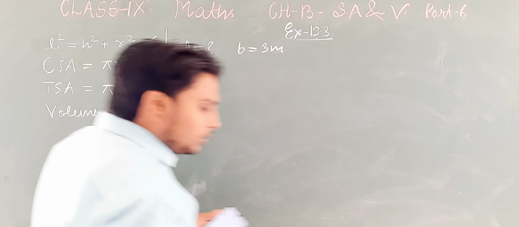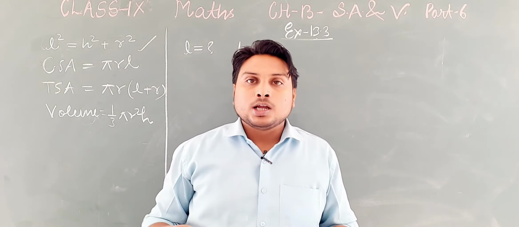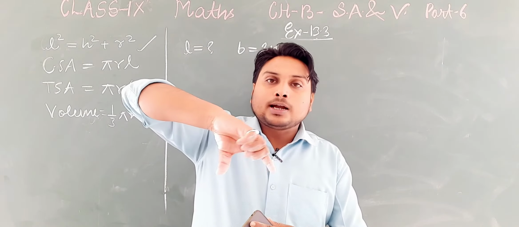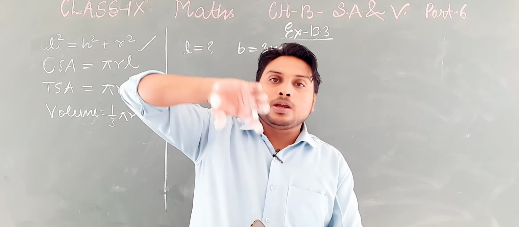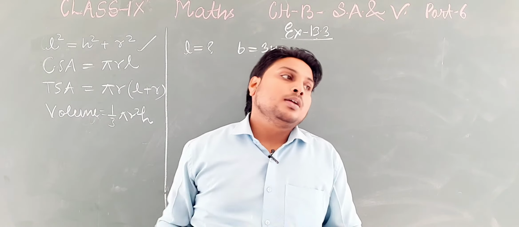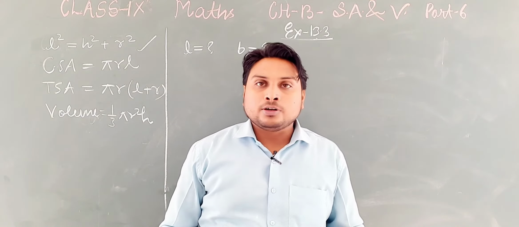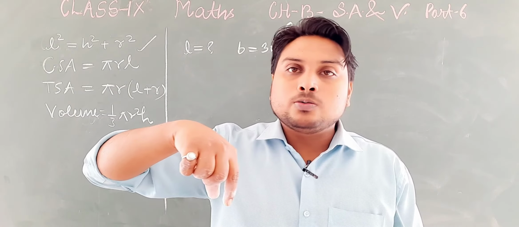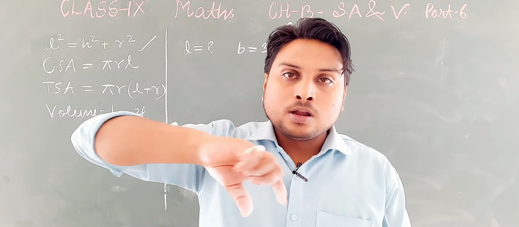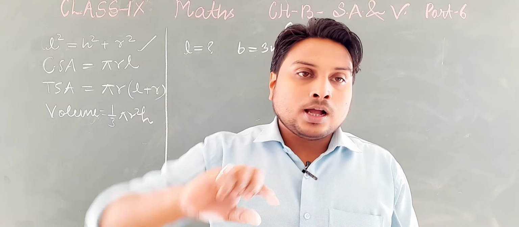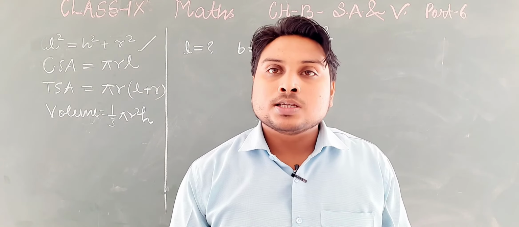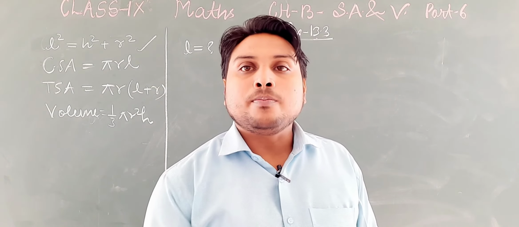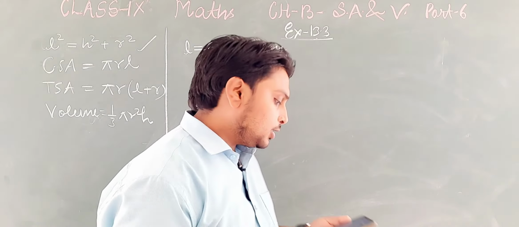Means you have a rectangular sheet, and by folding that rectangular sheet you have to make a cone. We do this in practical life also: if we have a page and want to make a cone, some part of the page will be used for taking margin, and some wastage will be there.